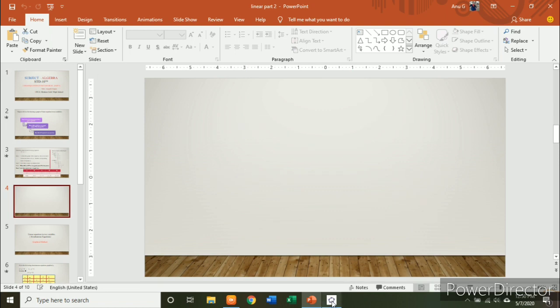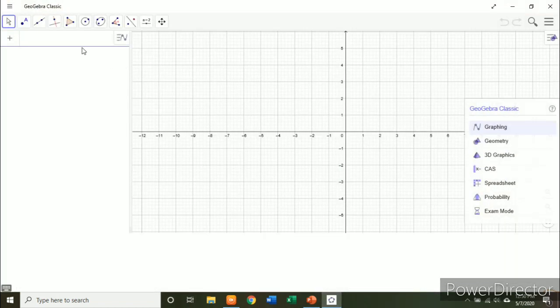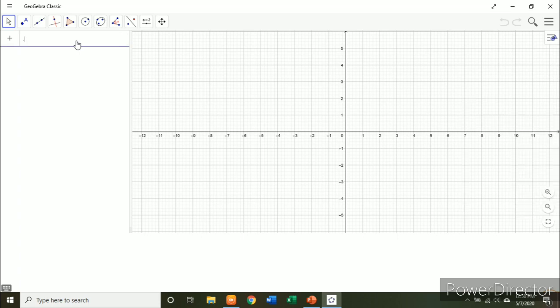So, take a graph paper and plot the points. First point 0, 1. So, A is the first point. Second point 1, minus 1. Point B, 1, minus 1.